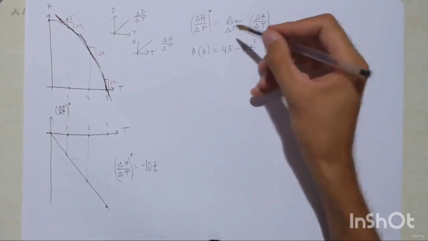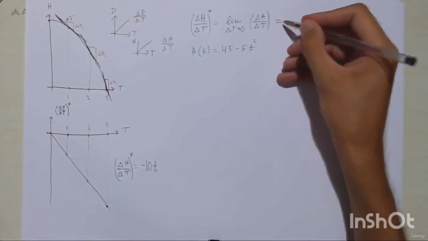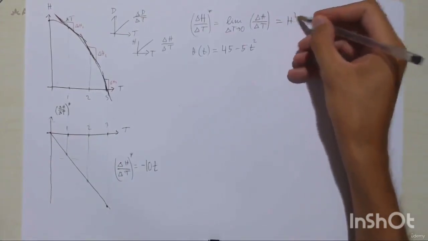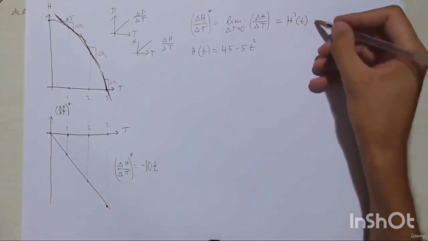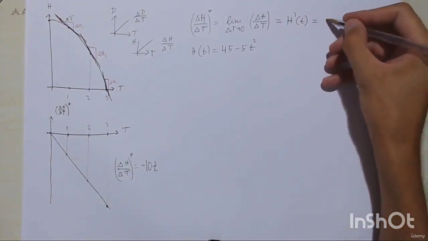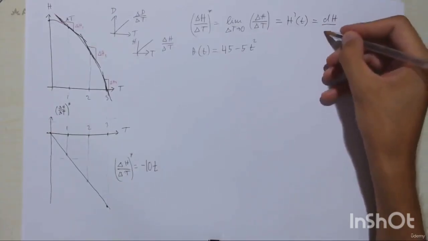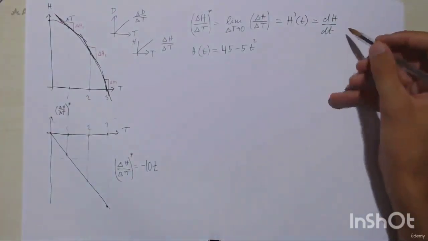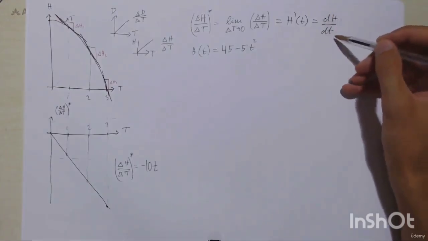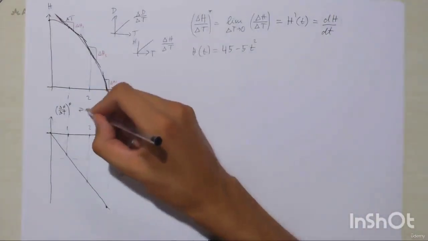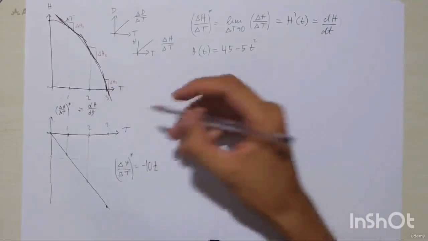So this is called the derivative of this function, and we denote it either with an apostrophe, or we denote it with small dh over dt. And this notation dh over dt I like very much, so I can put it here. The reason why I like it is because it's a ratio.